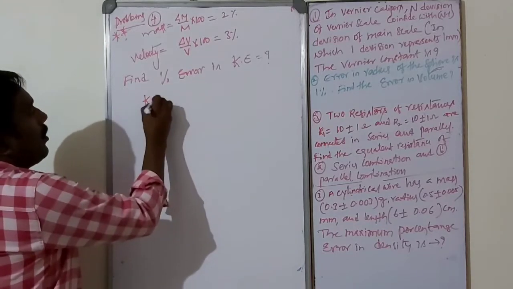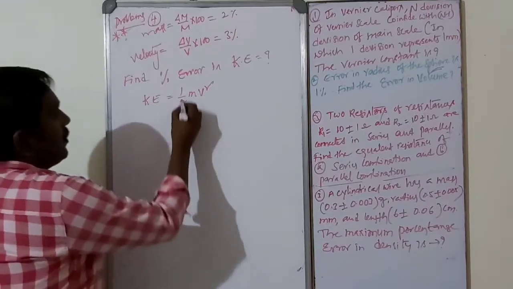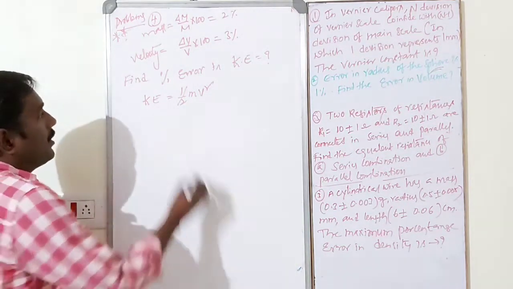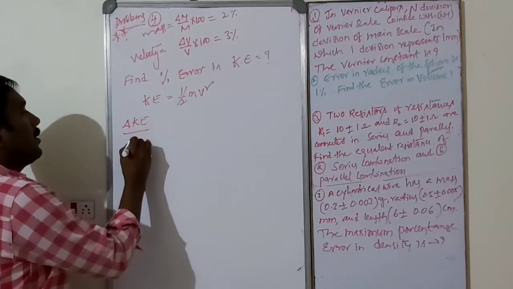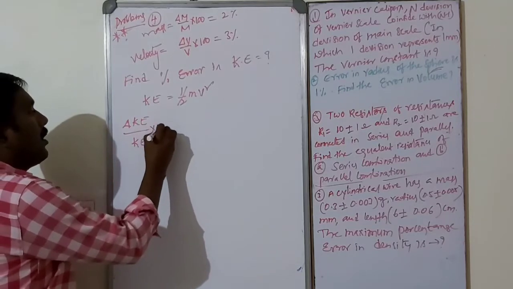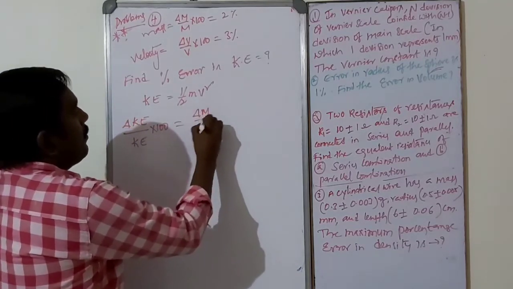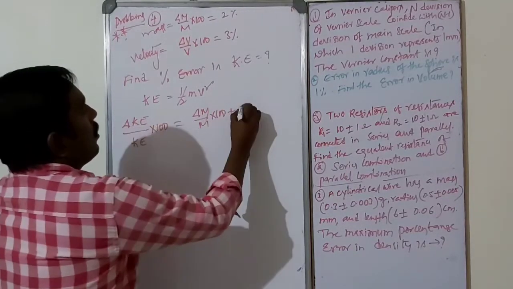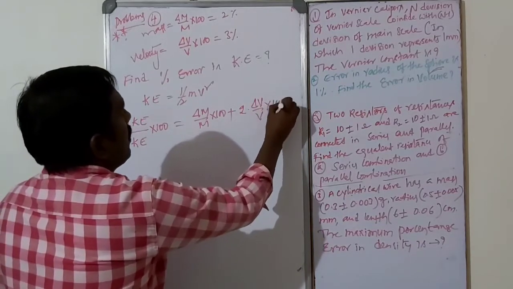Dear student, already we know kinetic energy is equal to half m v square. So half is a dimensionless quantity, so that is the constant. So percentage error in kinetic energy into 100 is equal to delta m by m into 100 plus 2 into delta v by v into 100.